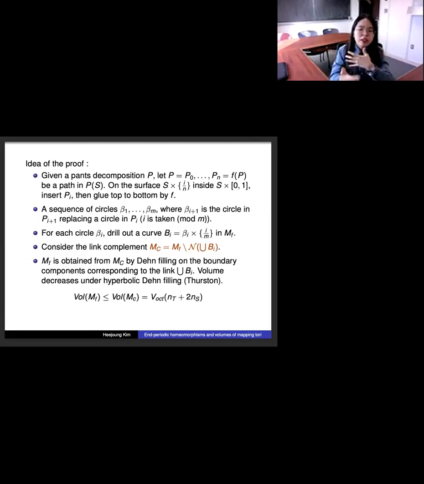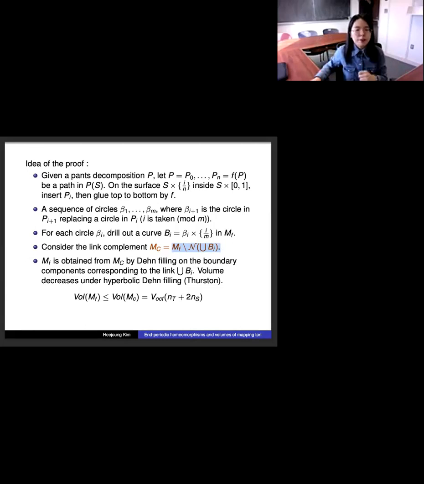We consider the link complement M_C, which is the complement of the neighborhood of the curves B_i in the mapping torus. Then it turns out that the mapping torus M_F is obtained from M_C by filling the boundary components corresponding to the link.